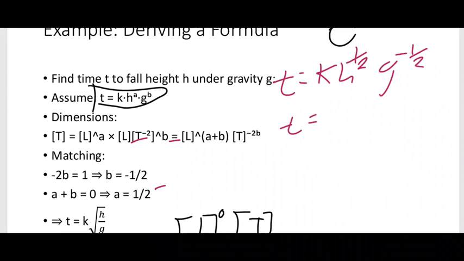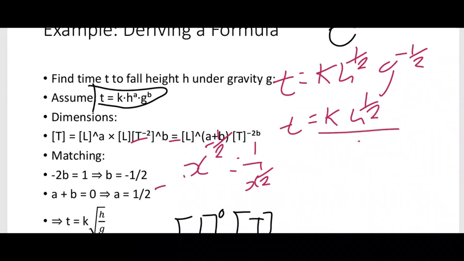If you like x as an example, negative 1 over 2 can be written as 1 over x to the 1 over 2. You're not changing anything there.